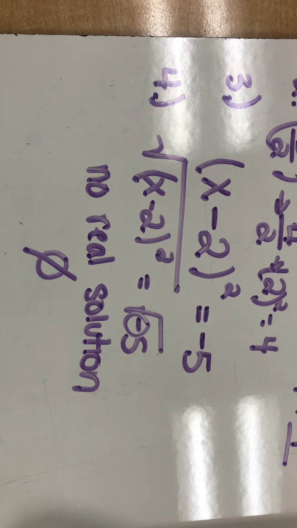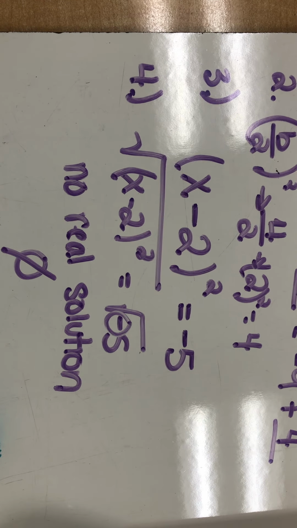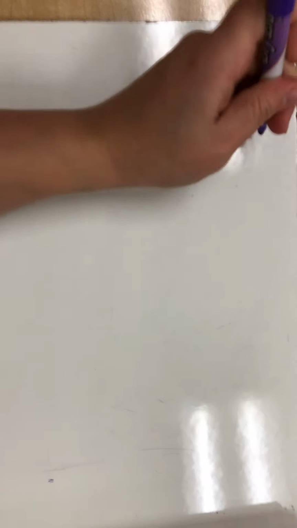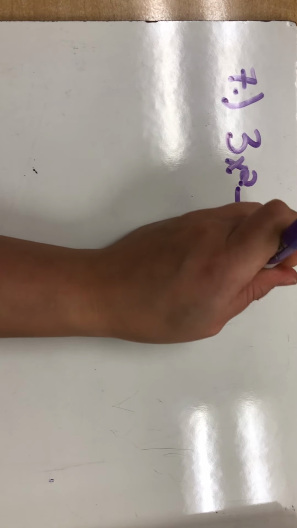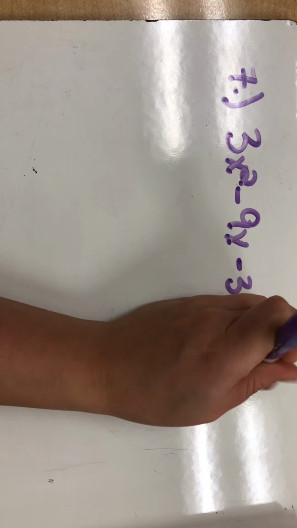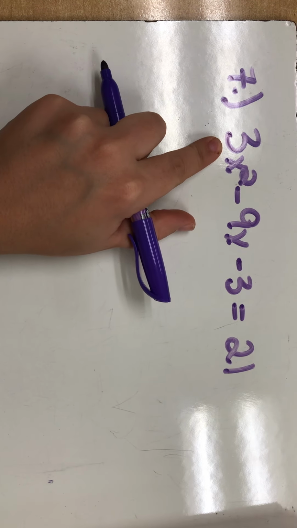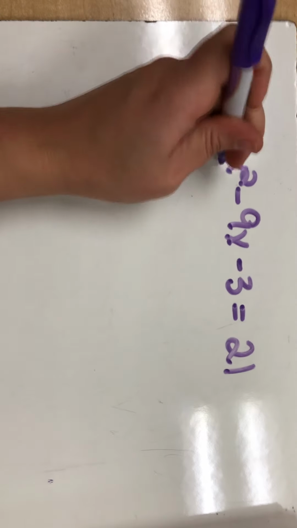Let's do one just similar to that, but it's gonna have some crazy numbers in it, okay? And again, this is all written on the paper. Okay, number 7, last one on this page. 3x squared minus 9x minus 3 equals 21. Okay, first thing we gotta do, get rid of that because that's not a square and it's not pretty, so we wanna get rid of it.